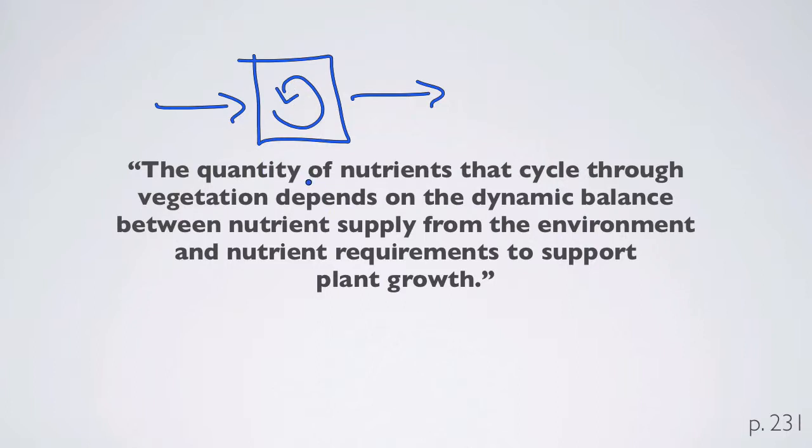That quantity of nutrients that are cycling really depends in part on nutrient supplies, but also the nutrient requirements for plant growth. And a lot of the cycling that occurs of the nutrients is because plants require them in different amounts.